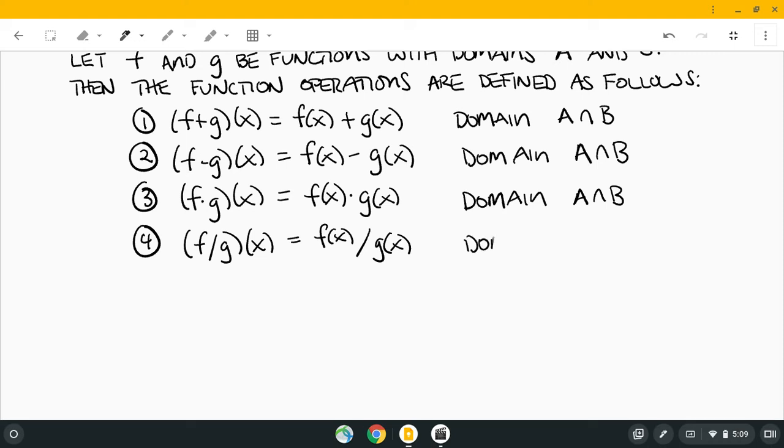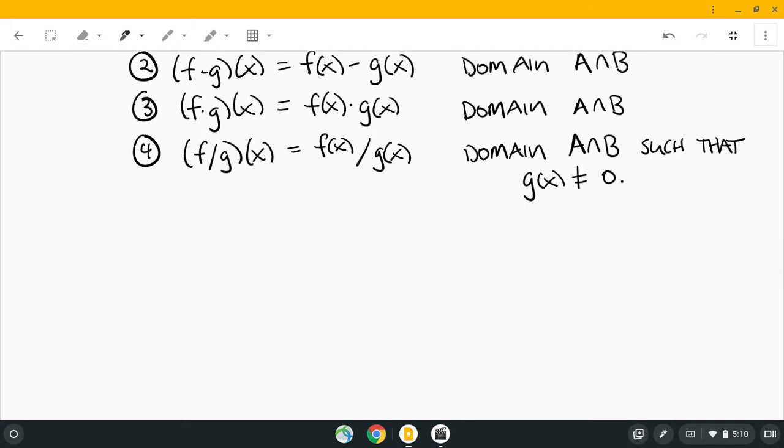And your domain here is A intersected with B, but since we have a fraction here, you need to make sure that you exclude any values that make g of x, the denominator, 0. So the domain is A intersection B such that g of x is not 0, because then we get undefined.